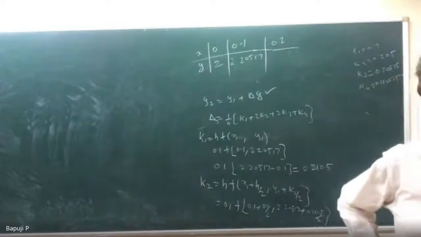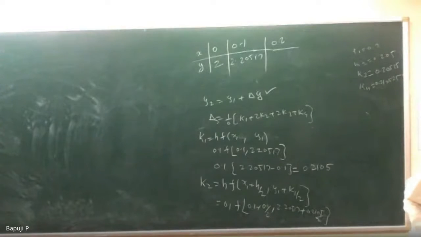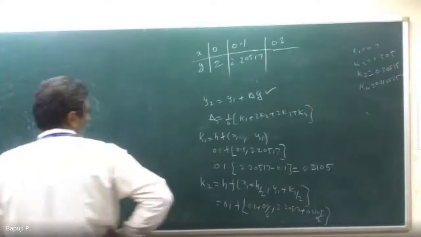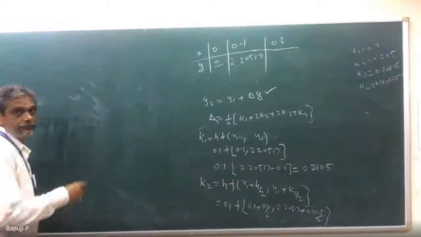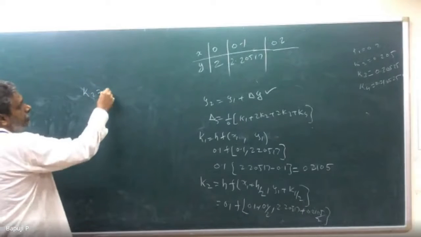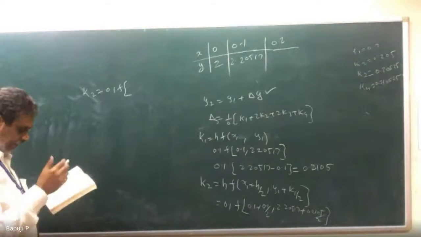I'm not substituting inside the function. Functional value at x comma y only I'm finding. Now K2 is equal to what I will get: 0.1 f of, find out 0.1 plus 0.1 by 2 is what?